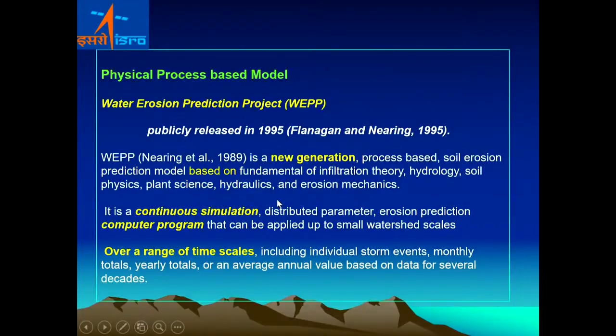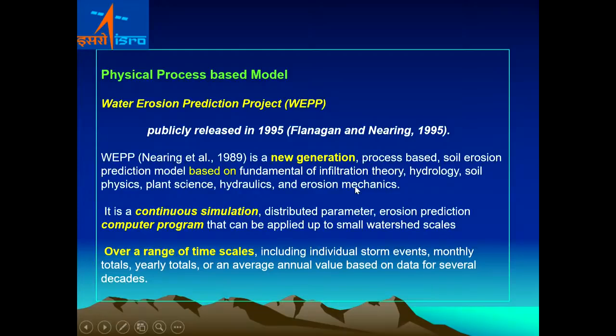Process based models, which I told you, are computer based models with continuous simulations. These are the new generation models developed by the US Department of Agriculture in 1995. They were developed with the pace at which computer science has developed. These process based models take soil erosion, infiltration theory, hydrology, soil physics, plant science, hydraulics, and erosion mechanics.